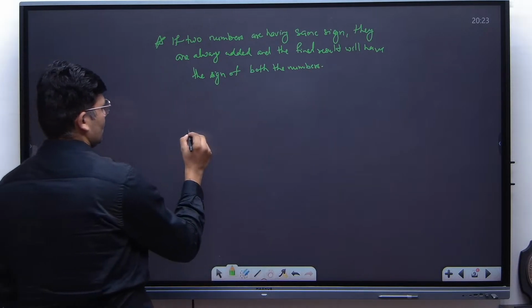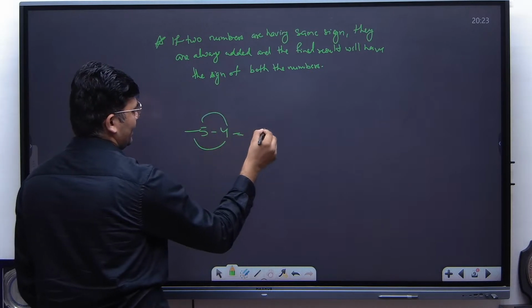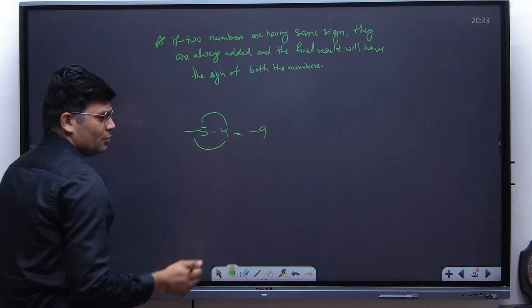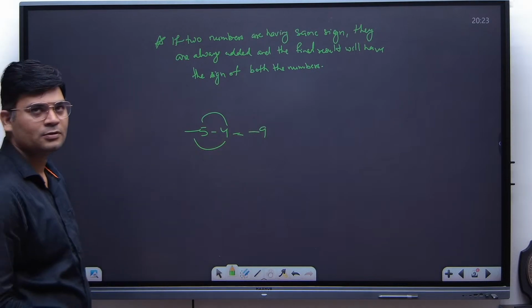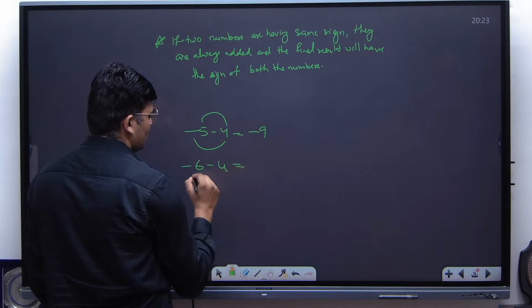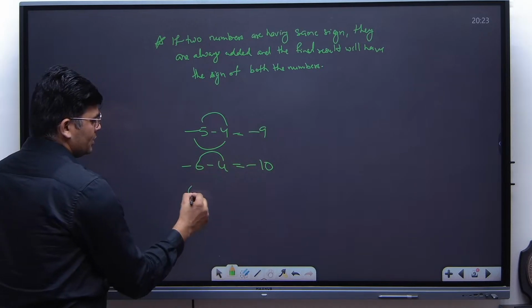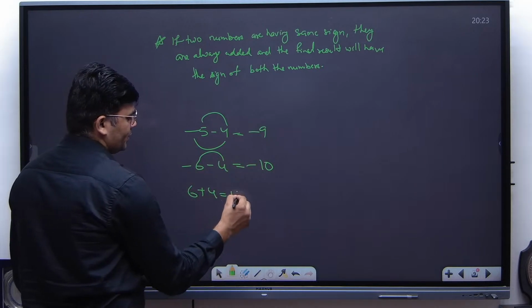Minus 5 minus 4, both numbers having the same sign, they will be added, and the final result will have the sign of both numbers. Minus 6 minus 4, both numbers same sign, added, negative 10. 6 plus 4, positive 10.